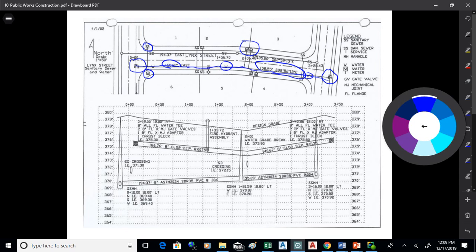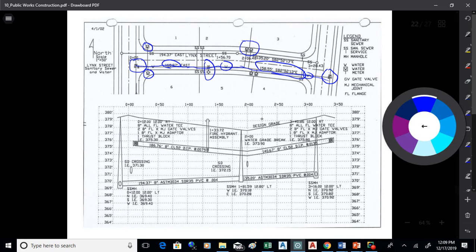So the city is responsible for these water services up until the meter. After that, a plumber comes in and connects in and takes the water to the houses or whatever the buildings are. So this set of plans is showing what the city's responsible for. So up to the water meter there. We've also got a fire hydrant assembly right there.